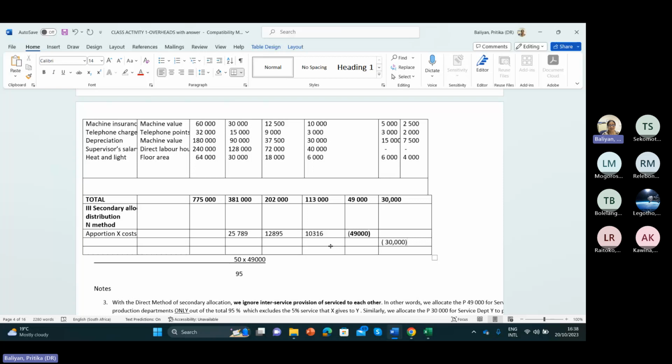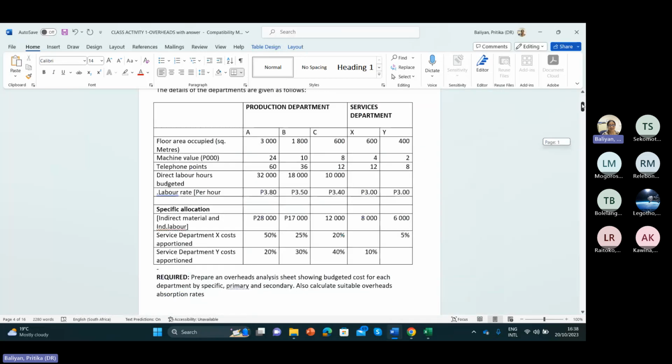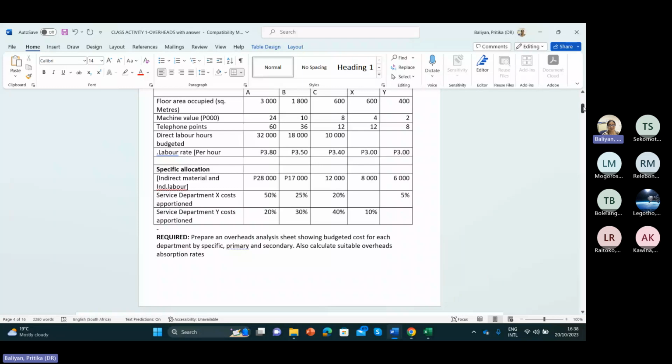So this one has to be apportioned according to the percentage of service department Y given in the question. Like Y, he is doing for A 20%, for B 30%, and for C 40%. So 20 plus 30 plus 40, how much is going to be? 20 plus 30 plus 40. 90, right?